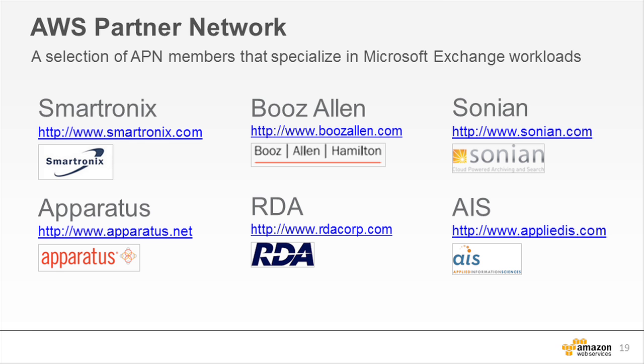If you want to build a solution but you don't have your own staff that has the expertise that you need, any one of these would be great to work with in order to do that. All the logos link to their entry on the APN website and can be found on aws.amazon.com through the search as well.